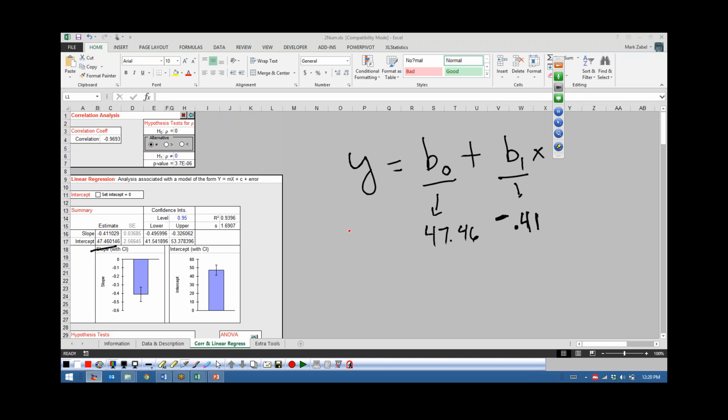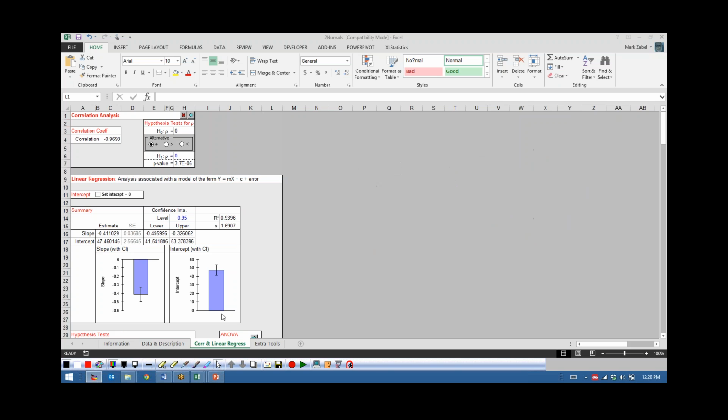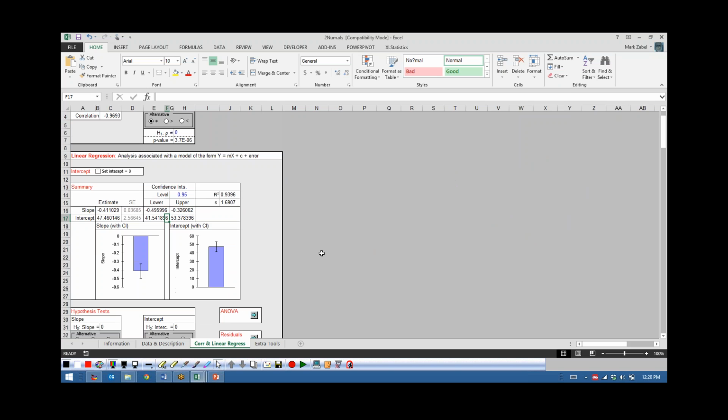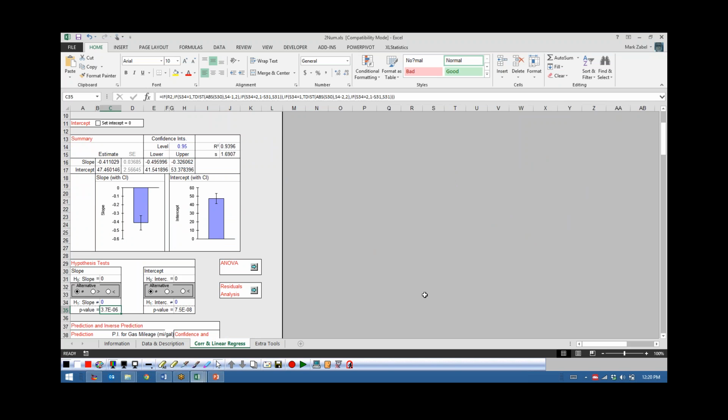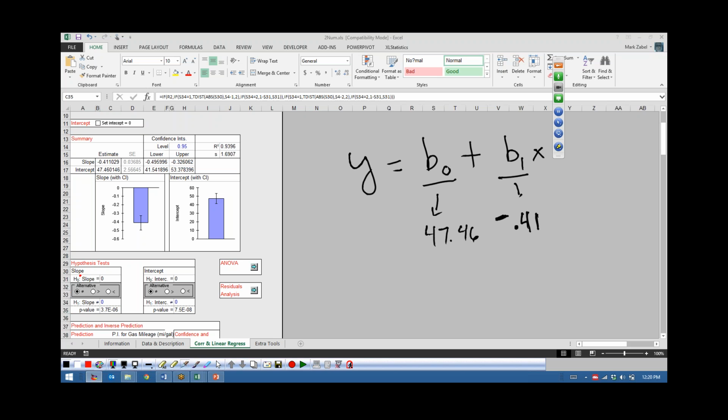So the fits that we look at first are these, and the way we look at the fits is, believe it or not, we look at either these pictures right here or the p-values. The p-values are testing the following. These things right here are tests. That's a hypothesis test.